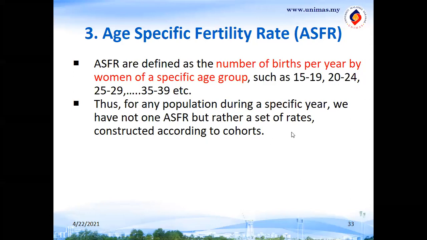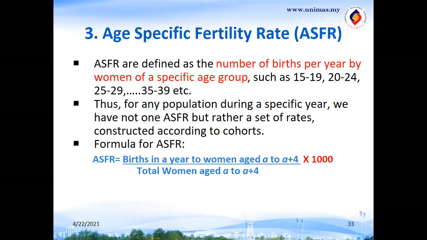Six groups at least. So according to this age-specific fertility rate, we should have six different ASFRs for different cohorts.